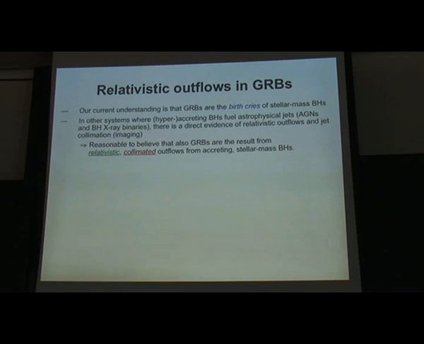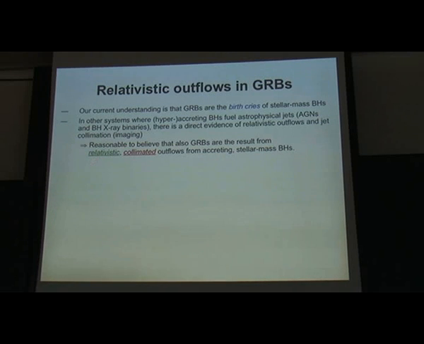In other systems where we have accreting or hyperaccreting black holes that fuel relativistic jets, for example AGNs or black hole X-ray binaries, there is direct evidence that there are relativistic outflows and that those are collimated because we see the jets. So in principle it's reasonable to believe that also gamma ray bursts are the result of relativistic and collimated outflows in accreting stellar mass black holes.